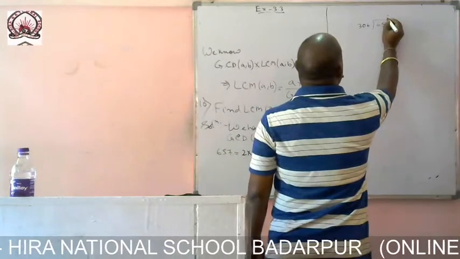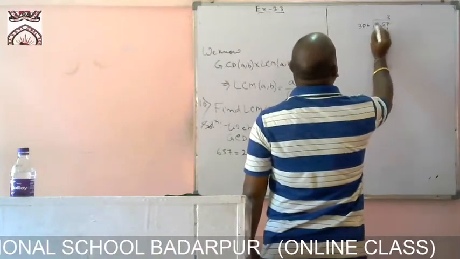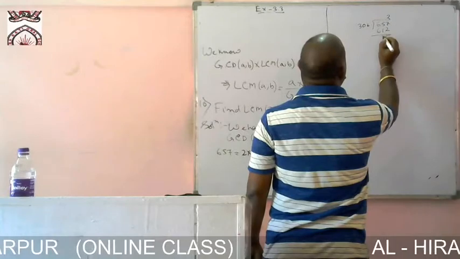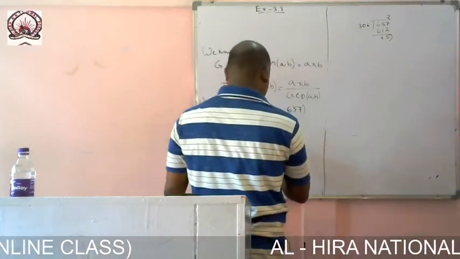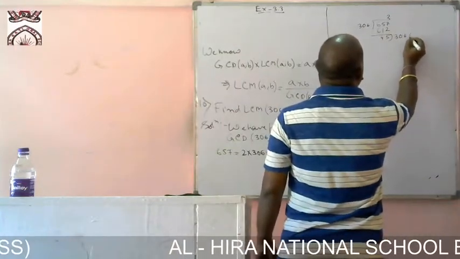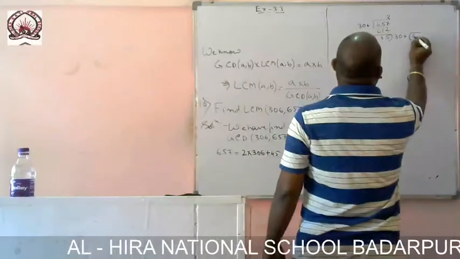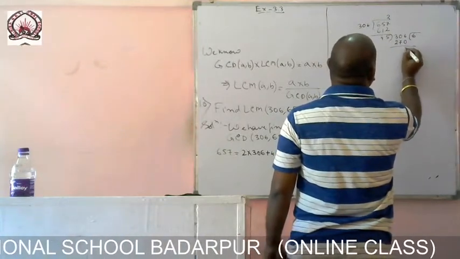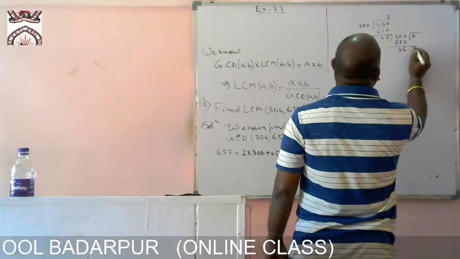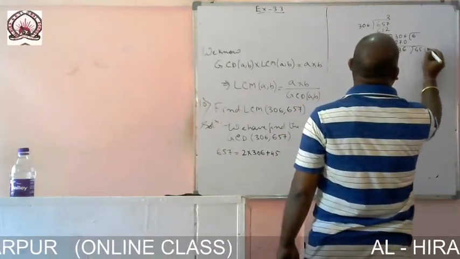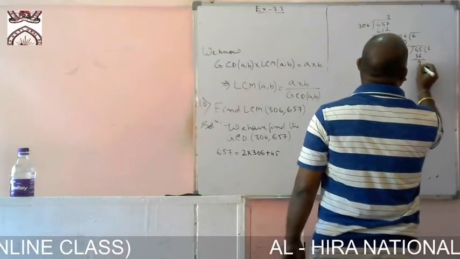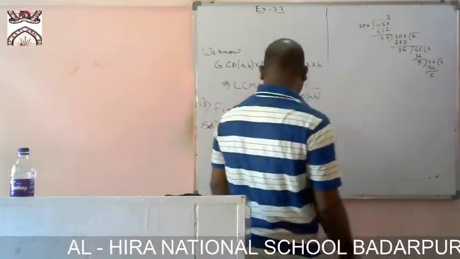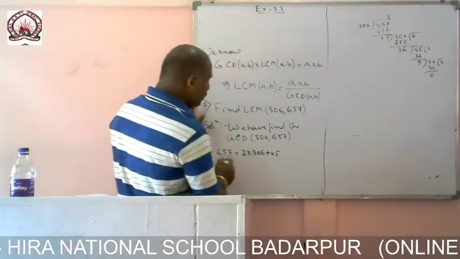We are getting 2 into 6 is 12, 2 into 3, 2 into 3 is 6. 306 into 6, 6 5 is 30, 6 into 4 24, 25 27. So what we can write here? 45, we are getting 0.